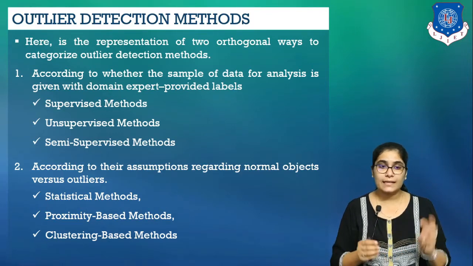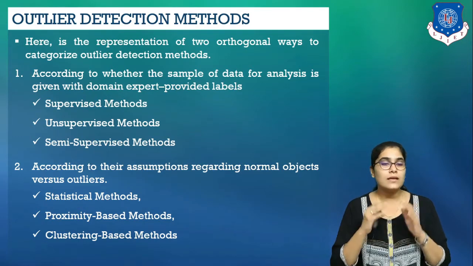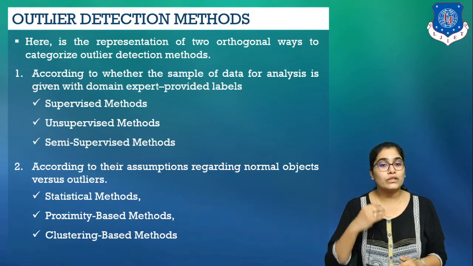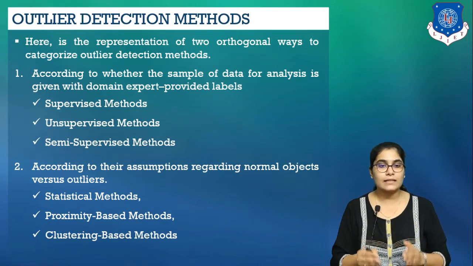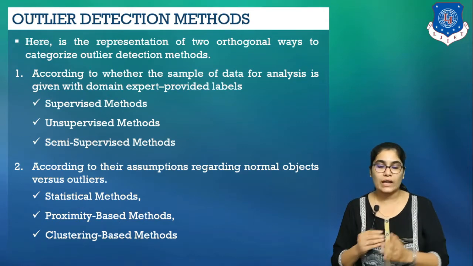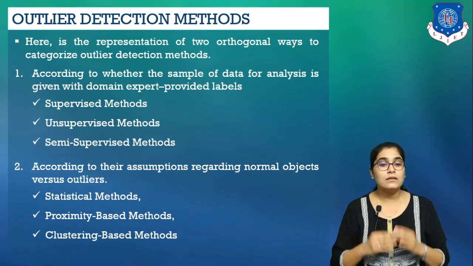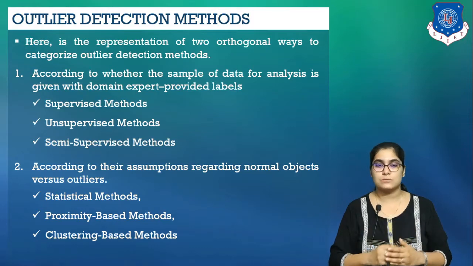Based on that, there are three different methods: supervised methods, unsupervised methods, and semi-supervised methods. In the second category, we divide methods into groups according to their assumptions regarding normal objects versus outliers. Based on that, we have three different methods: statistical methods, proximity-based methods, and clustering-based methods.